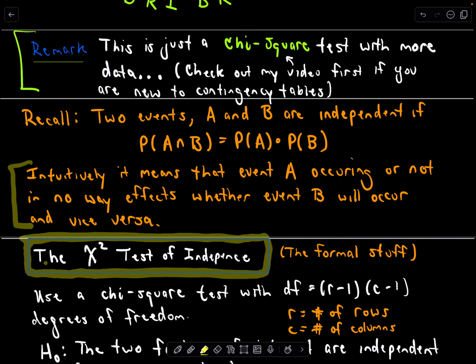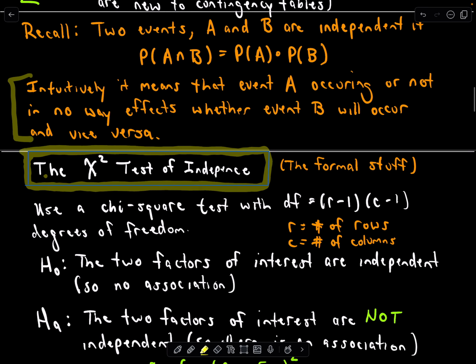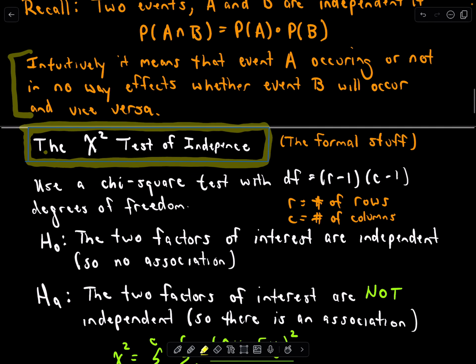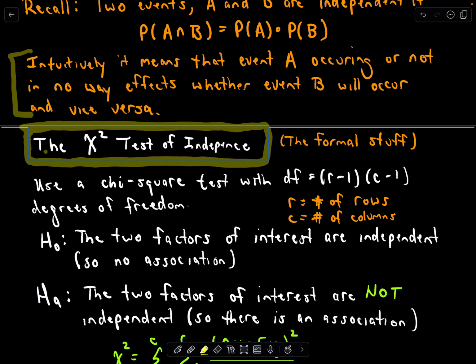My classic example: I could look at event A, whether or not it will rain today, and my other event B could be what will happen if I flip a coin. Whether it rains or not in no way affects what's going to happen if I flip a coin. Those two events are independent.